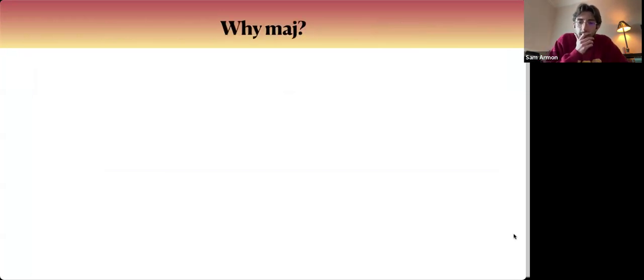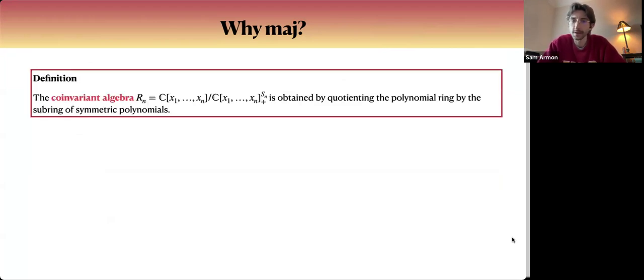All right. So I just want to briefly conclude by talking a little bit about why MAJ, the major index statistic, shows up in all of this. It really comes from the coinvariant algebra.